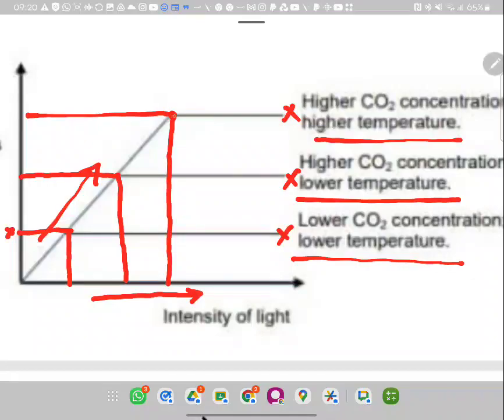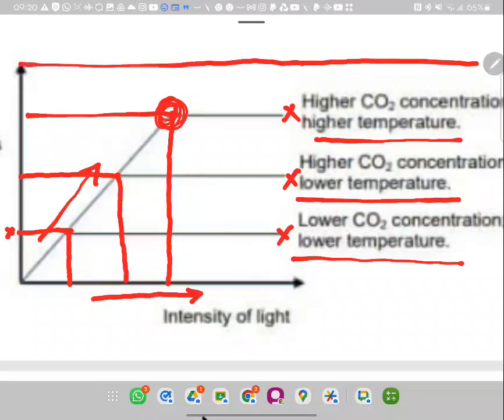Now, once we get to this point here, if we did have higher CO2 concentration and temperature, if it was to be up here, you know that because the light intensity can only go to this amount, then this increase must be due to the temperature or carbon dioxide. Because if it's gone up, it must be either carbon dioxide or temperature that's the limiting factor, and not light intensity, because light intensity finishes here. Okay, and so that's a bit about the limiting factors.